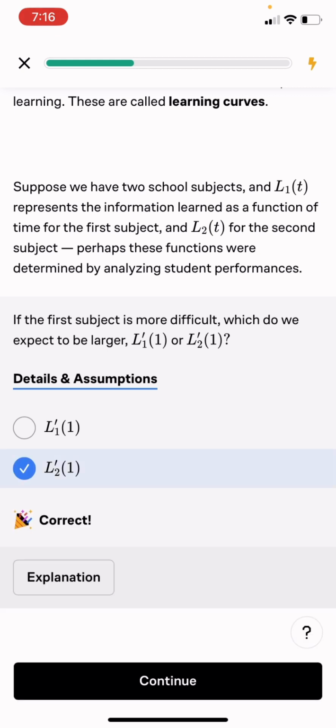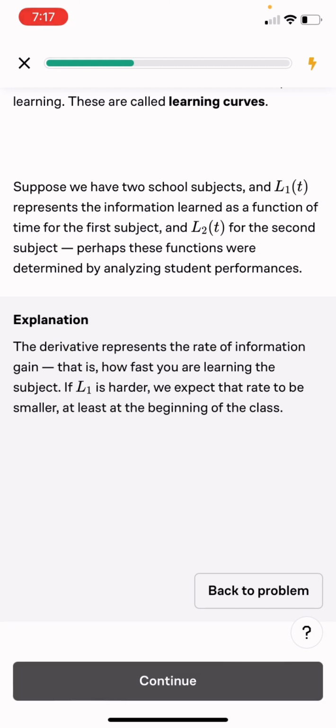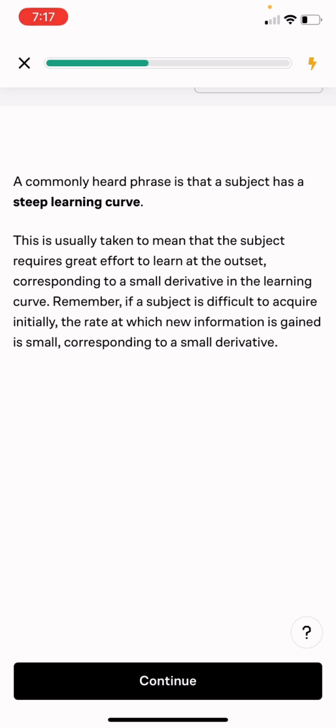This is usually taken to mean that the subject requires great effort to learn at the outset, corresponding to a small derivative in the learning curve. Remember, if a subject is difficult to acquire initially, the rate at which new information is gained is small, corresponding to a small derivative. Hopefully that's not me with calculus. This is definitely hard.